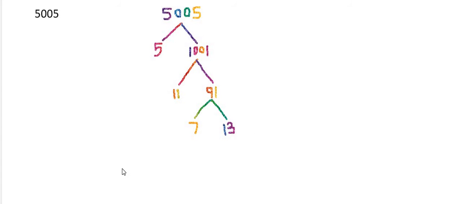So it can be written as 5005 is equal to, we'll arrange in order. We have only one 5 here, so we'll write it as 5 into 7 into 11 into 13.